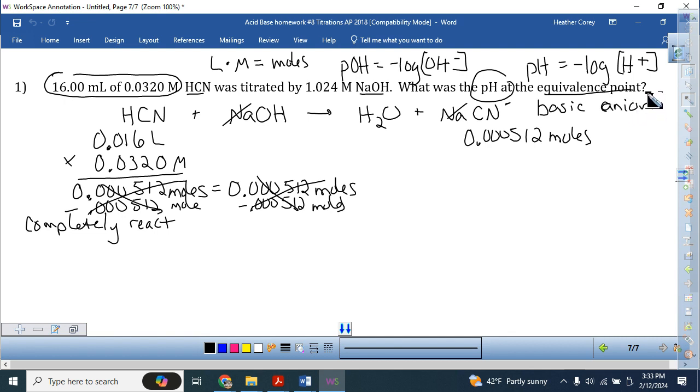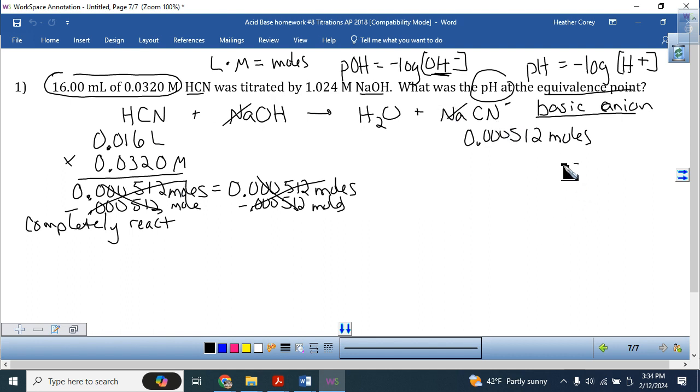And because it's a basic anion, it's going to result in a pH greater than 7. And because it's a basic anion, we're going to need to find the amount of OH produced by this basic anion. And when we do that, we need to know the concentration.